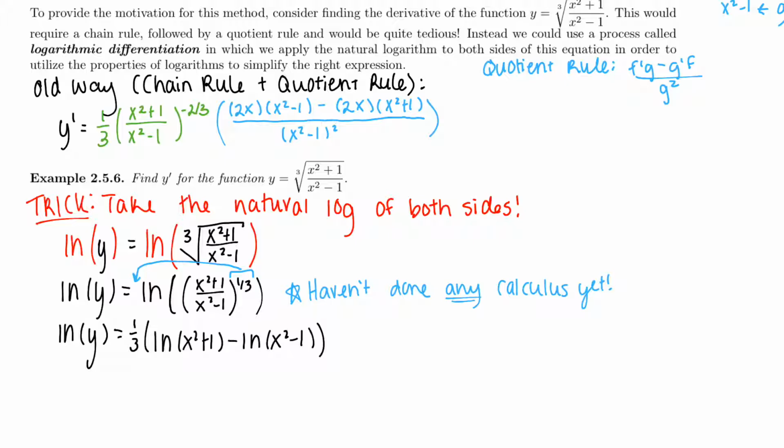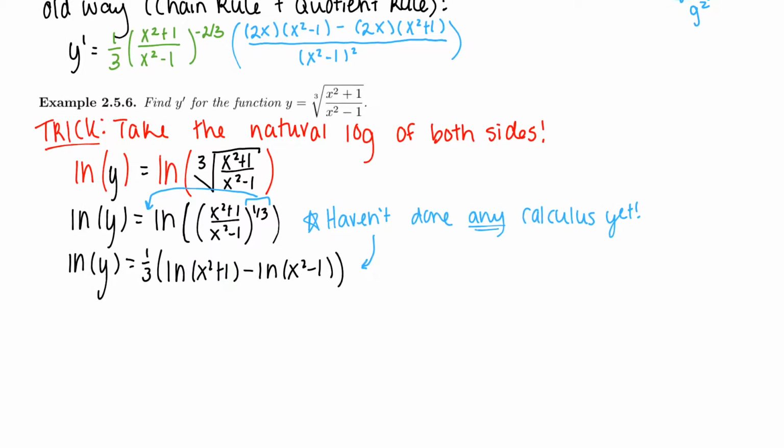Again, still haven't done any calculus yet. This is still just algebra. If you'd like, you can distribute that 1/3 in before taking the derivative. That's fine. And now you can take the derivative.